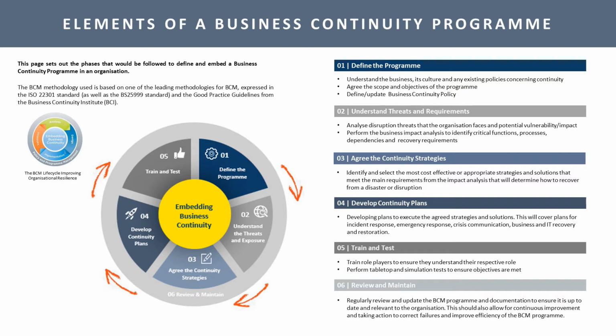So it's important to understand for each type of threat what is required for recovery, which ones are the critical functions, processes, and what are the dependencies that they have to enable them to recover operationally. So once you understand the requirements for recovery, this will inform the next phase where you need to decide on the strategies that you are going to have to implement to meet the requirements to recover. Defining the strategies is one thing, but the strategies have to be relevant and cost effective for the organization.